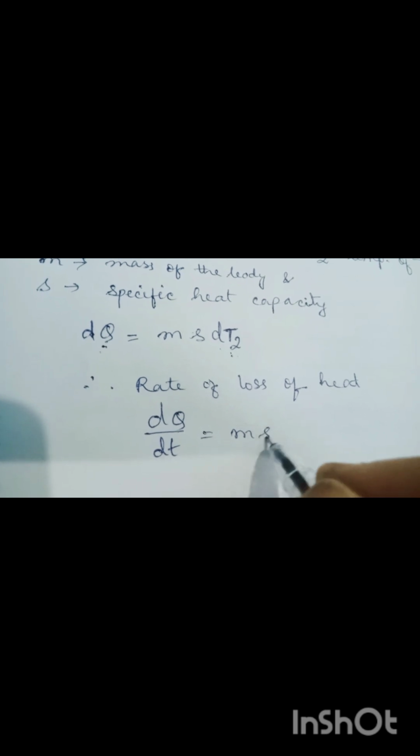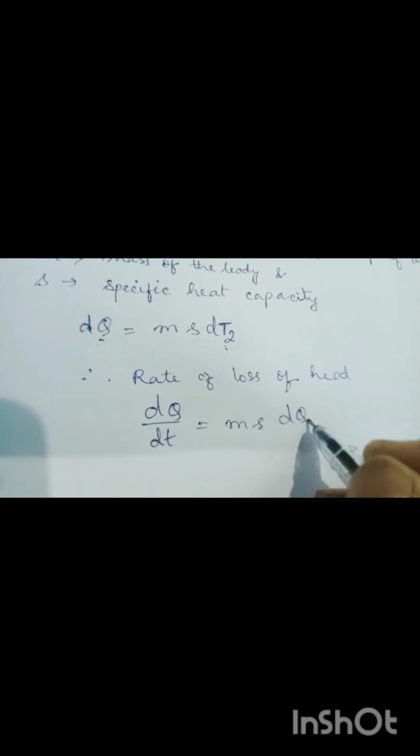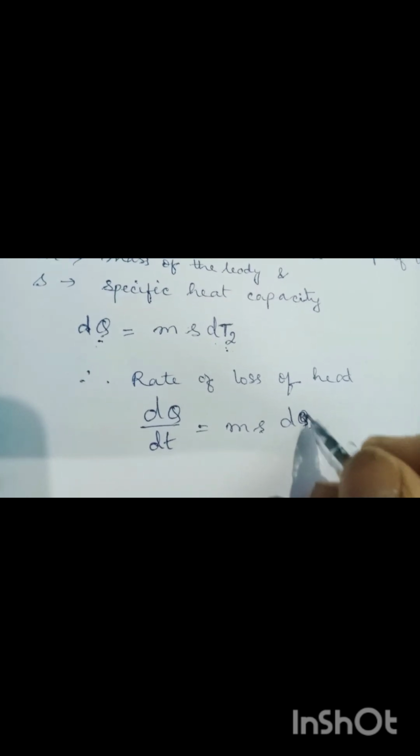Therefore, the rate of loss of heat dQ by dt, that means with respect to time, is m S dT2 by dt.